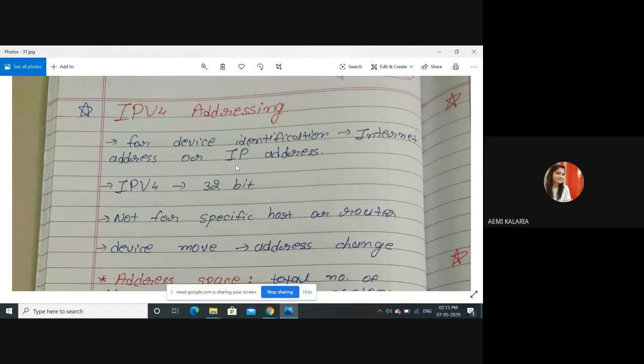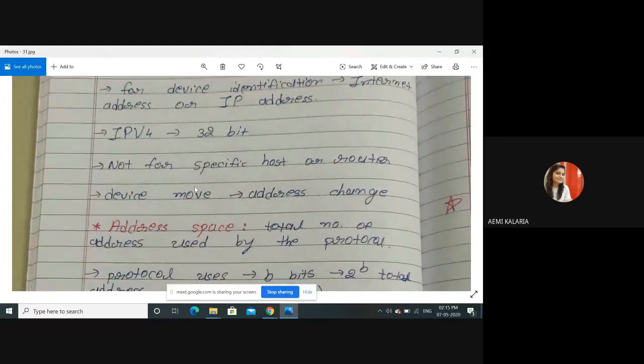One basic thing: IPv4 is dealing with a 32-bit address, which is limited. Previously it was used when our devices were limited, but nowadays it's not sufficient. This IP address is used not only for the host and router, but for each and every device, whenever we want to transmit something.